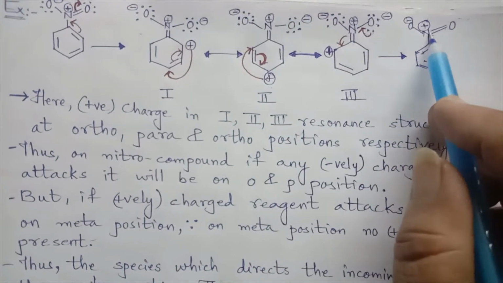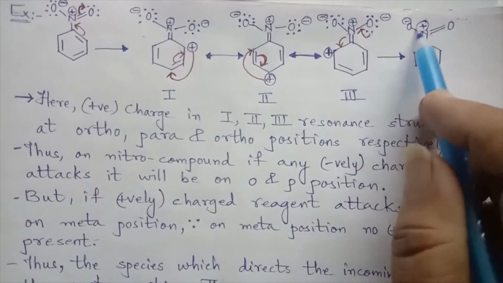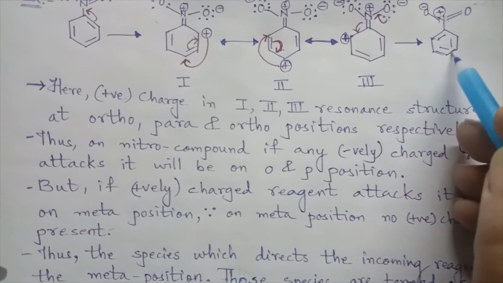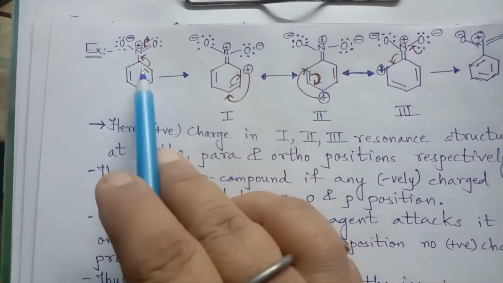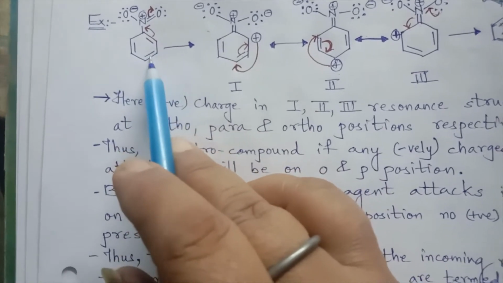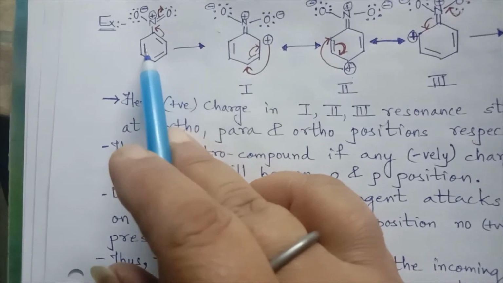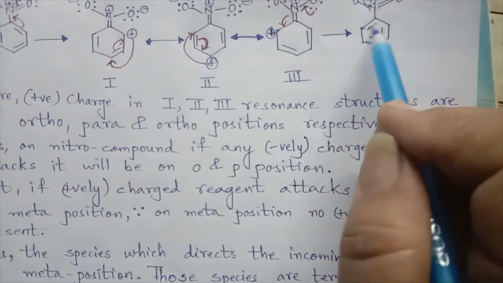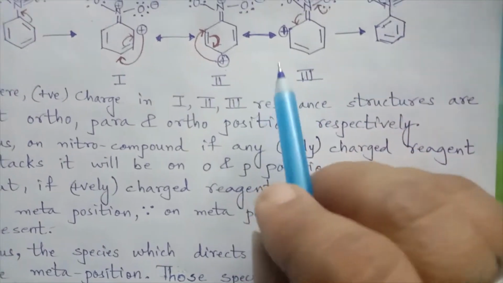What happened here? Double bond O and single bond O, NO2 is substituent as it is, but shifting of the bonds took place. See, here the double bond was on the right hand side, and this 2 slant and vertical over on the left hand side. Here the vertical is on the right and slanting is on the left.